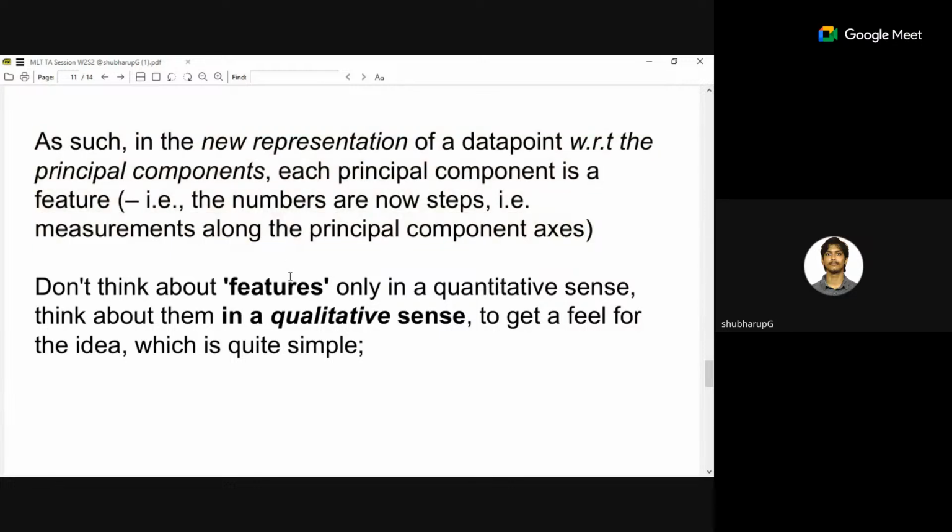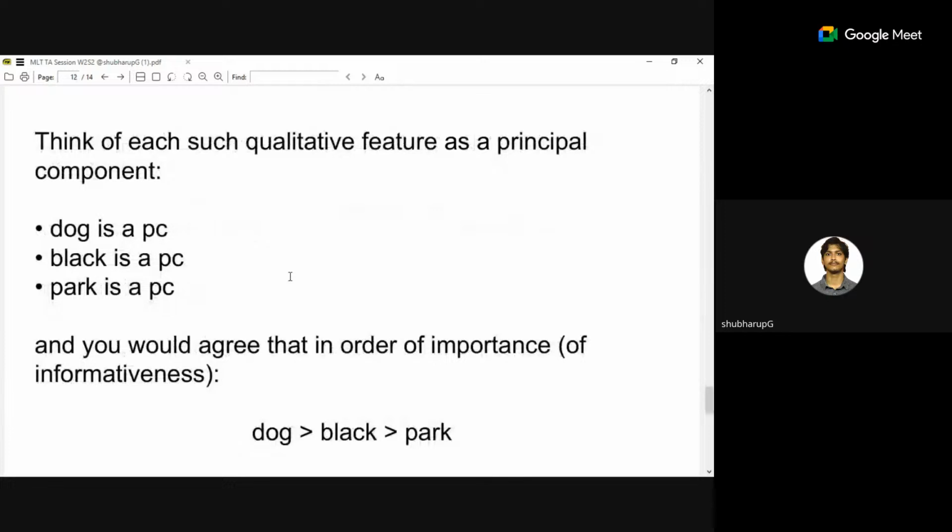But don't think about the features in just a quantitative sense. Continuing from the earlier thought that I introduced, think about them in a qualitative sense, right? Features as in dog, black, Alsatian. To get an intuitive feel for PCA, think of each such qualitative feature as a principal component.